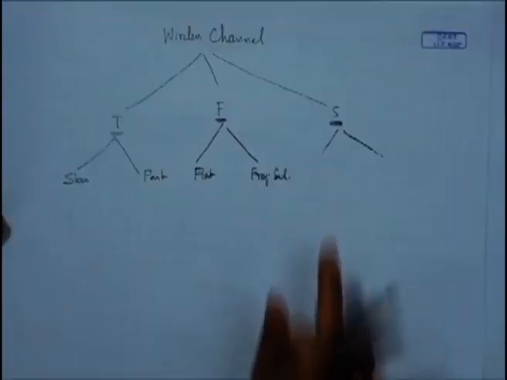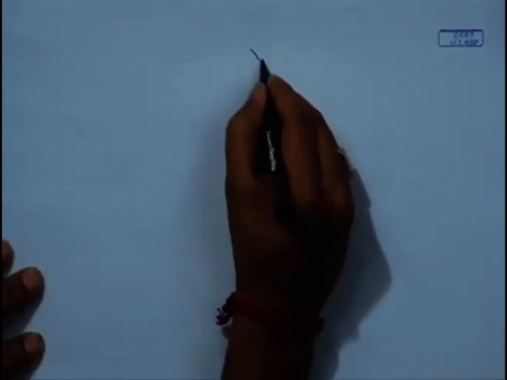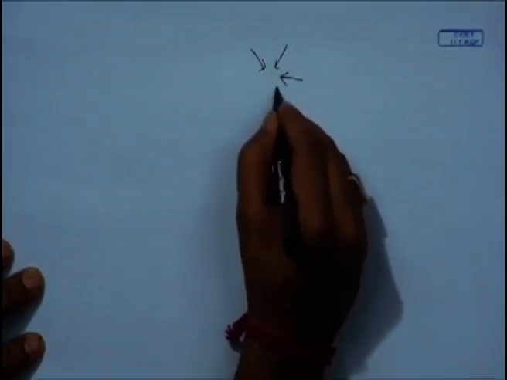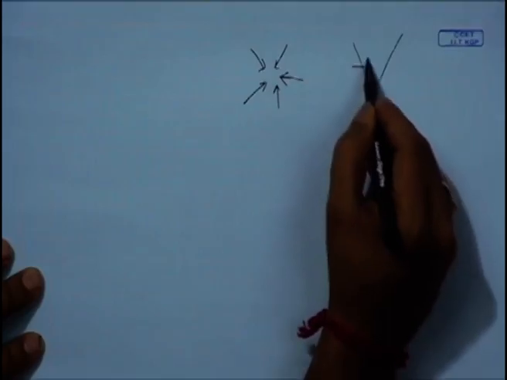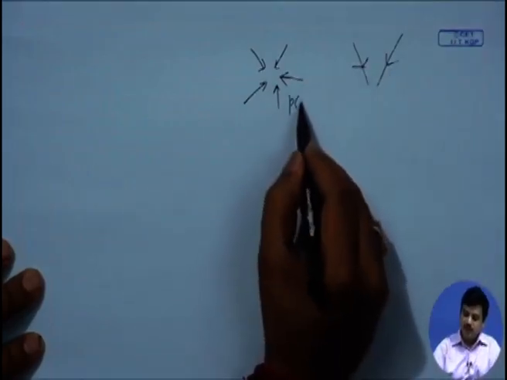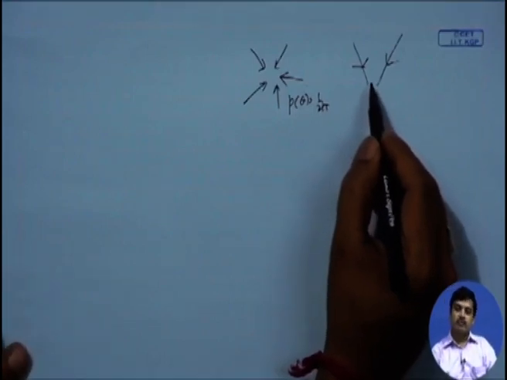So now if we try to categorize it in terms of rich and poor scattering, we could get situations where we can have the case that is rays arriving from all directions with equal probability, and there could be rays arriving at a particular direction. Here p theta equals 1 by 2 pi, here p theta is not 1 by 2 pi, and we have seen certain cases.